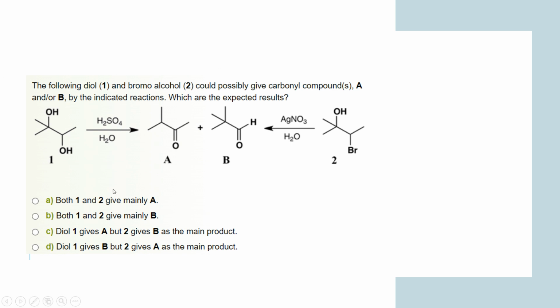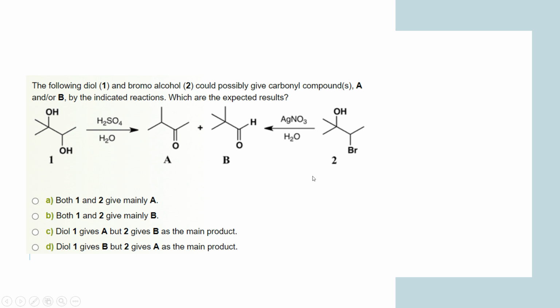Okay, for reaction number 1, you have this diol as substrate, and we are treating it with aqueous acid solution, and it can give either A and B or A or B. One of these will form, or maybe both will form. That is reaction number 1.